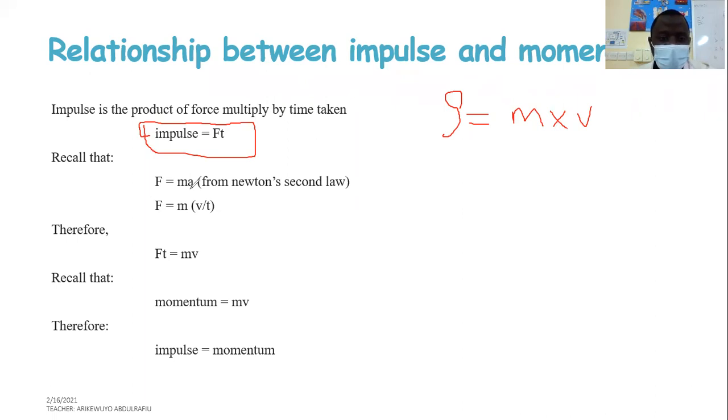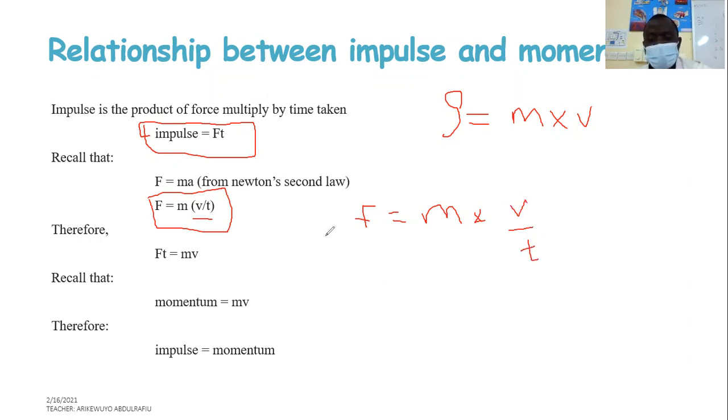And from grade 9, you know that a is velocity divided by time. It means that my F is mass multiplied by V divided by T, as you can see here.